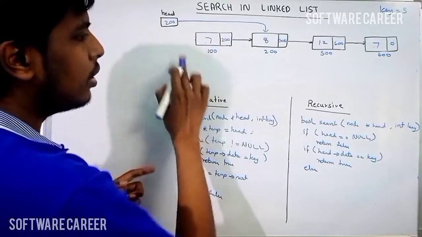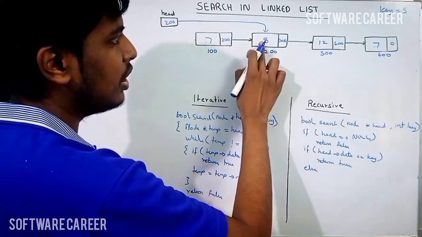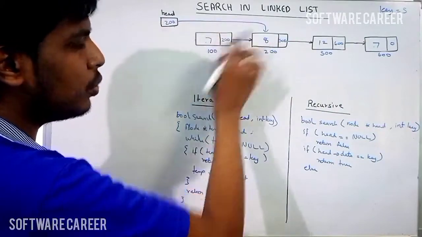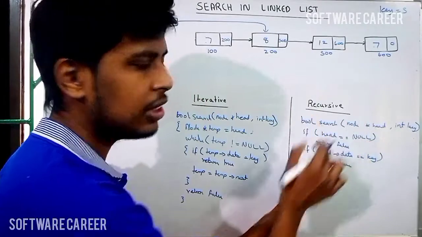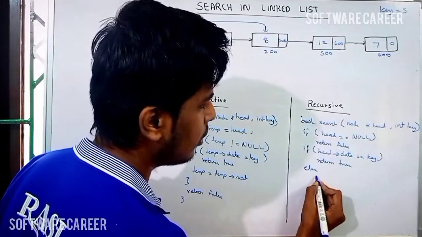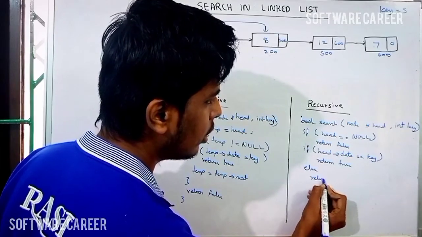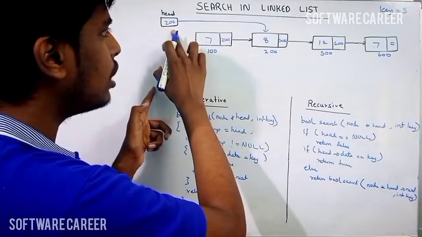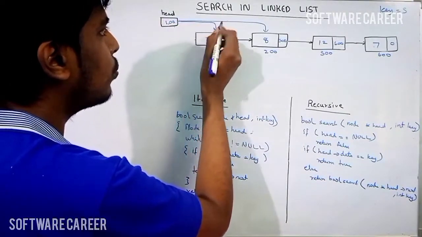Now again I will check. It goes back and checks whether head data equals key, that is whether 8 is equal to 5. So now I should move this pointer to the next node, so I am writing a recursive function. See, I should write the same function, this search function. Else return bool search. First head was 100, so it was pointing at the first node.